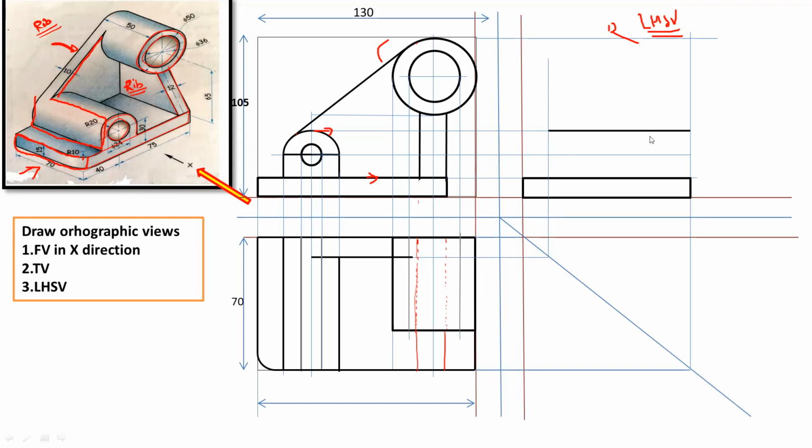So here, this line is the line visible for this cylinder in the side view. So this is one horizontal line. So these two lines, they are actually hidden lines. So these are the edges for this hole, that is a circular hole. So these are two hidden lines.